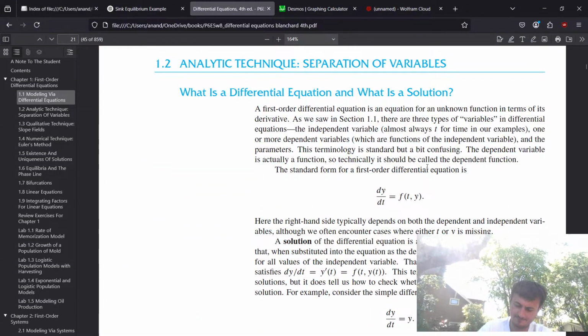Okay, analytic. So this is 1.1. Now we have 1.2. Analytic. Okay.